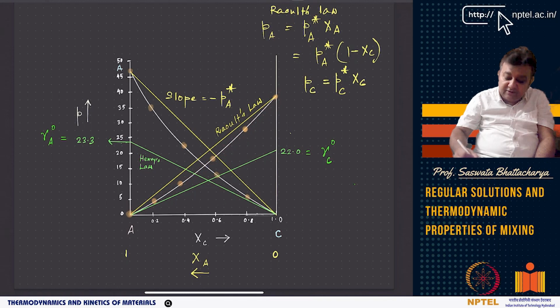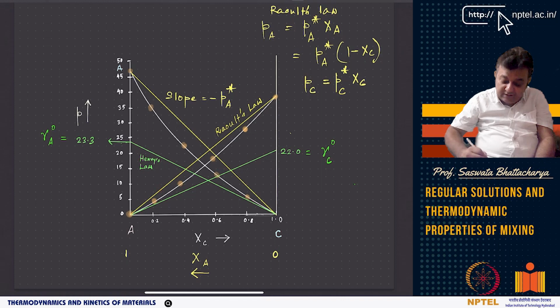So there is a departure from Raoult's law. But if you want to use Raoult's law, then for either A or C, you can start from here and draw this yellow line. So this is for C, which is PC equals PC star XC. And what you basically get is the slope, which is here PC star.